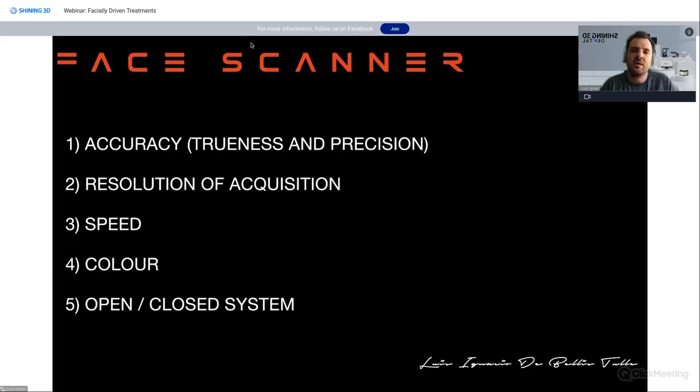Color. Nowadays, most scanners take nice colors, or what I generally do when I don't get a nice texture or colors of my patient: you might have noted that when we export an OBJ file from our scanners, we generally get a JPG file with that OBJ file.